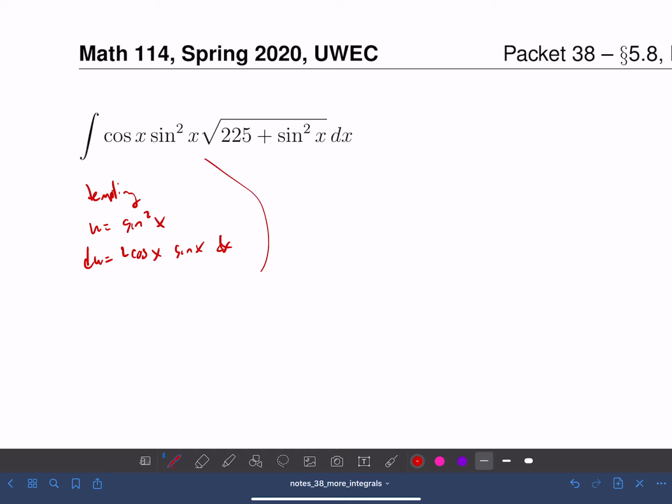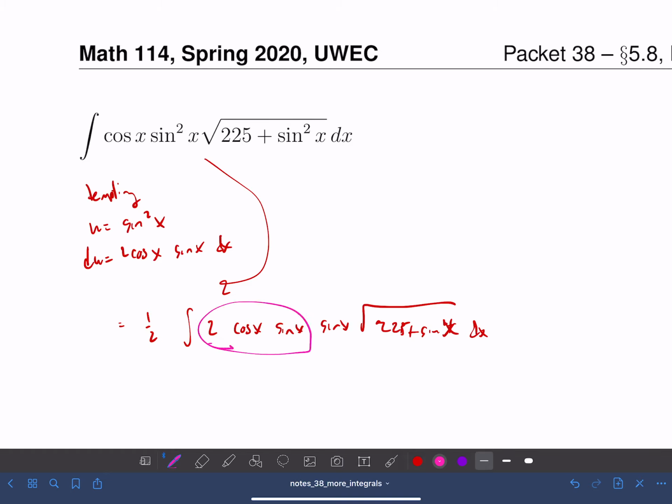And then I can rewrite this as a half of 2 times cosine x sine x root of 225 minus sine squared x dx. And this part right here is our friend du. I've got this right here is u. Oh.